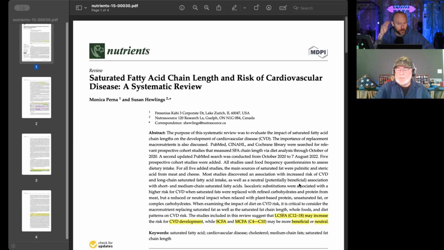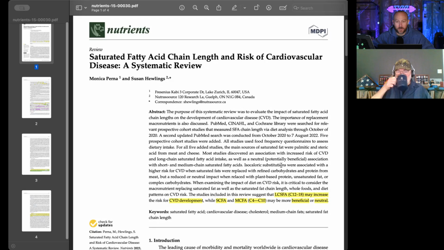Now, it's not all saturated fatty acids. Really what we found is that there are two primary fatty acids. One is palmitic acid, the other one is stearic acid, and those are the saturated fatty acids that tend to raise LDL the highest.